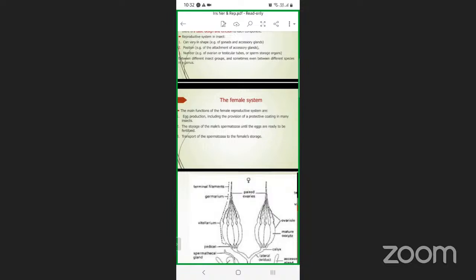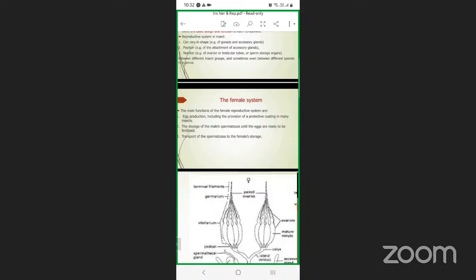And the ovaries, when we see, are bilaterally located mesodermal organs which produce the eggs, and the ovary is composed of a number of functional units or ovarioles, covered by a layer of epithelial cells along with the muscles and a large number of trachea. So the trachea provide necessary oxygen to the developing follicles for the maturation of eggs.